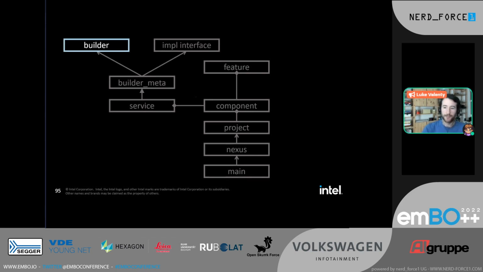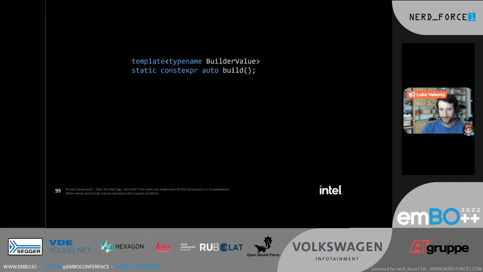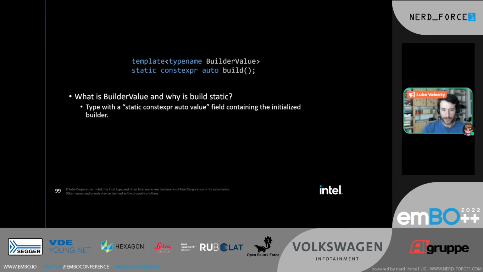And finally, we have the builder. What is the builder? Well, this should look pretty familiar to us. This is the callback service that we were looking at earlier with the naive implementation. But there's a couple differences in it. We have the add function like before, but instead of having the callable operator, we have this static constexpr build function. And it's a template function. What is builder value? And why is this function static?